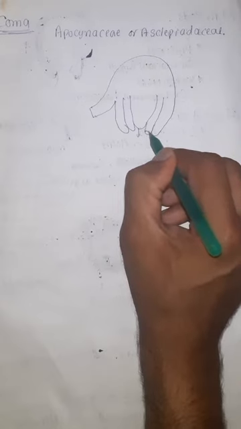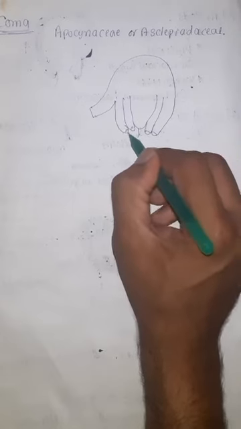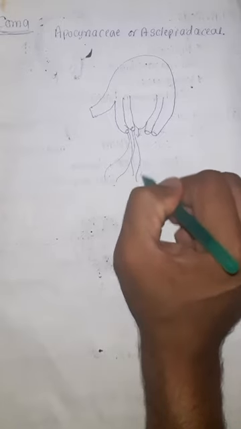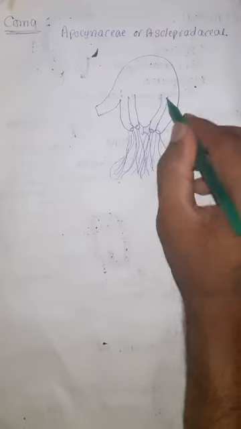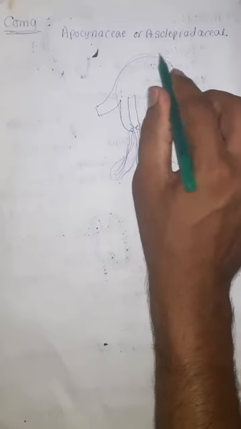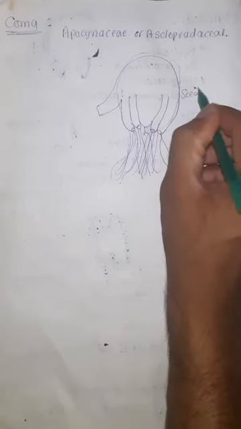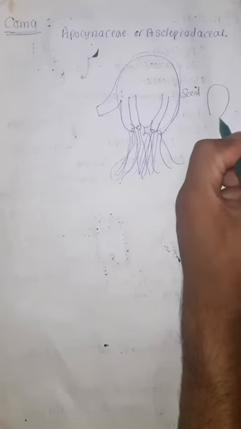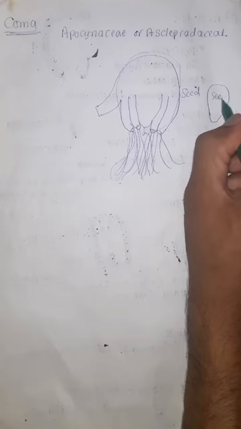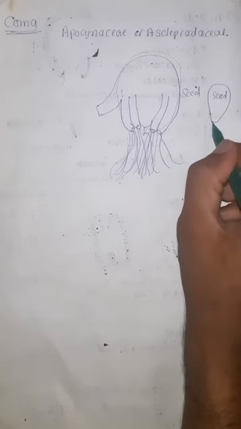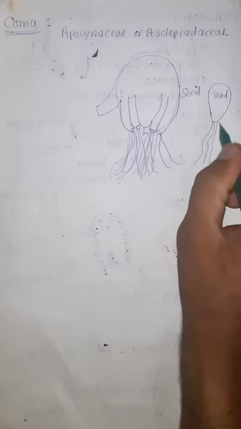Near the funicule, from the integuments, comes the tuft of hairs. In the latter stage, this complete structure acts as the seed, right? At maturity, the ovule is converted into the seed. This coma will be persistent like this.